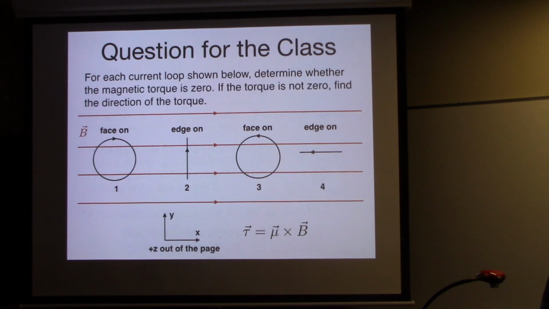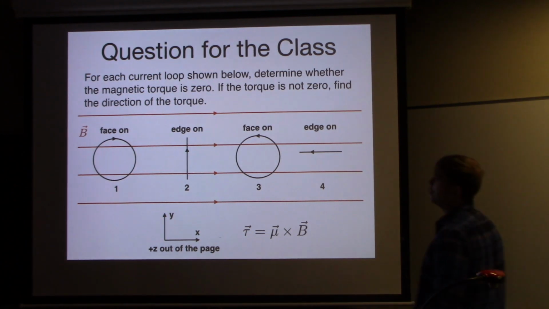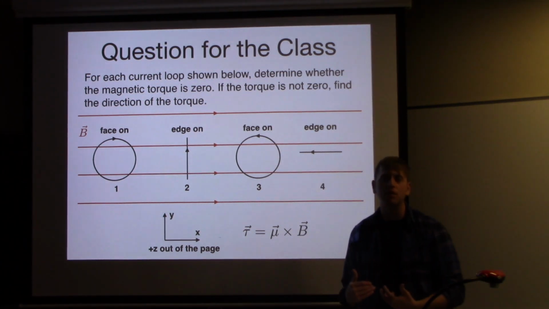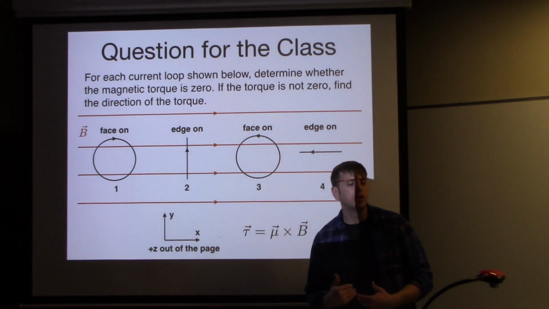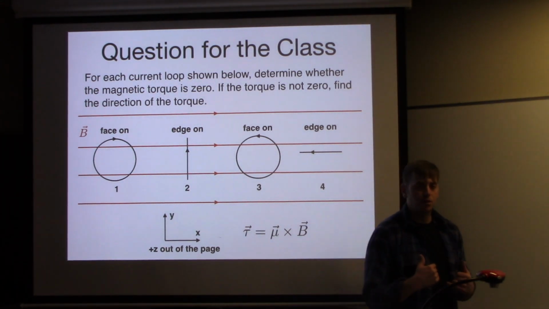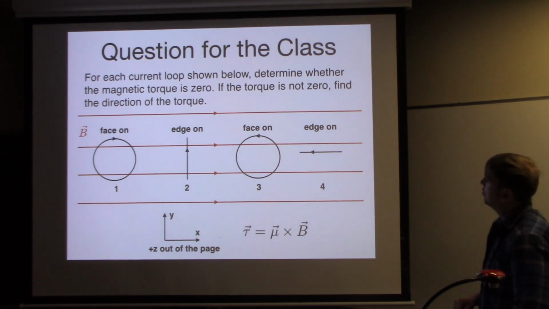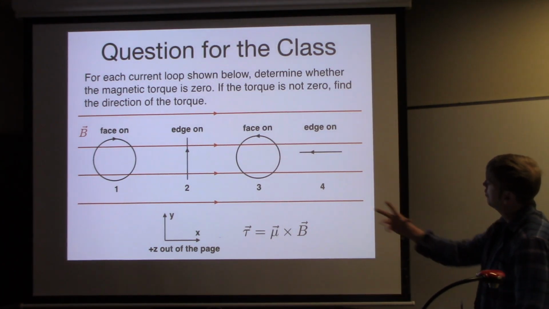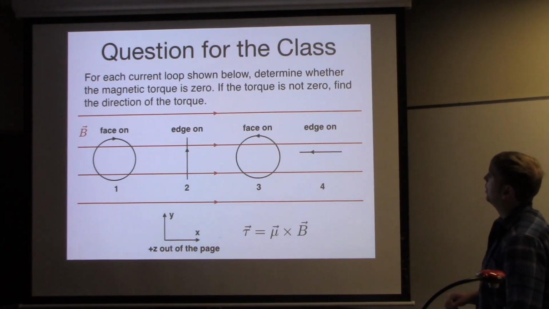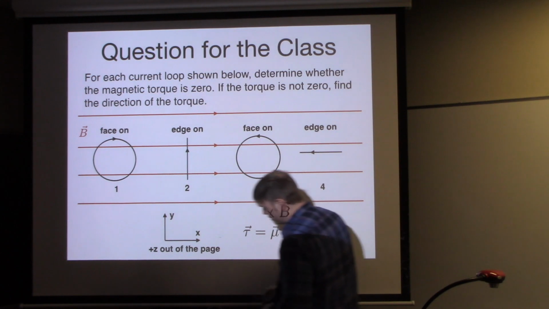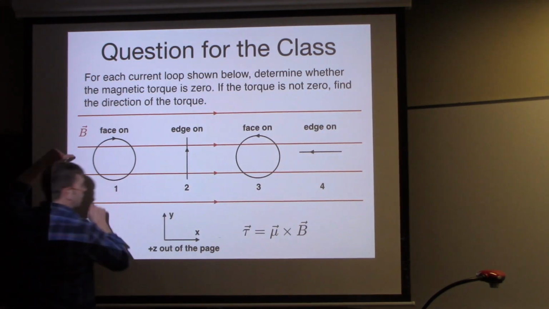Okay, so admittedly, I just threw a lot at you. There's a lot to think about. So I want to do a couple conceptual questions so that we really get the idea pretty solid. So I've got a number of different diagrams here, and there are actually 4 different current loops that I'm showing you. Okay? They're all inside of the same exact magnetic field, so the magnetic field is all just pointing to the right.